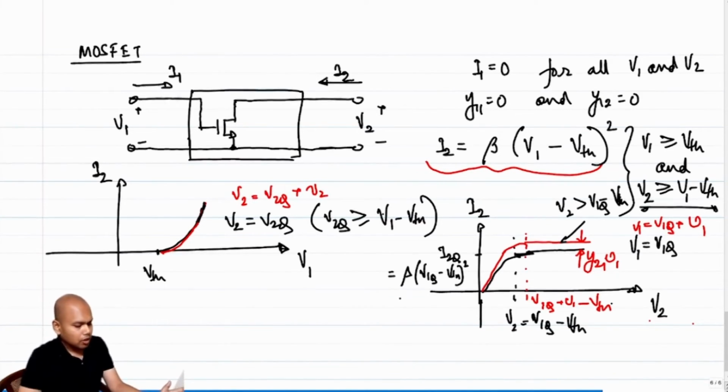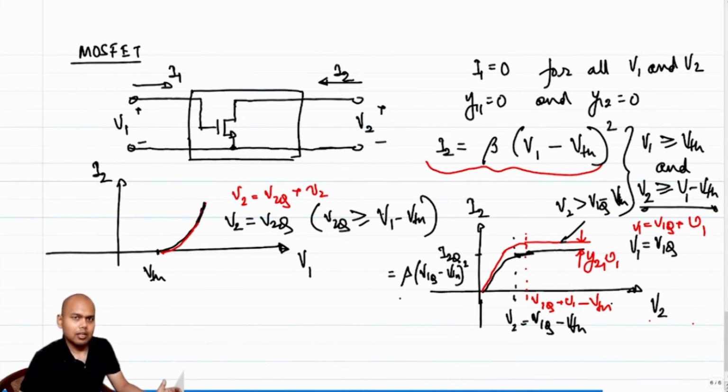All we need to know is the underlying IV characteristics. Now note that these underlying equations of the IV characteristics will also depend on the type of devices that one is going to use.